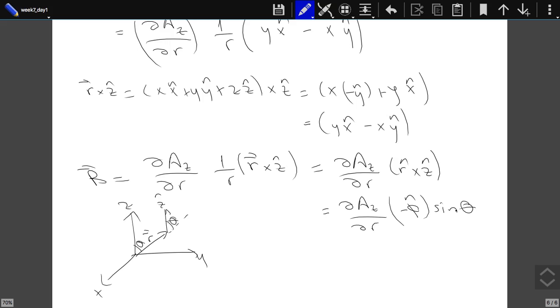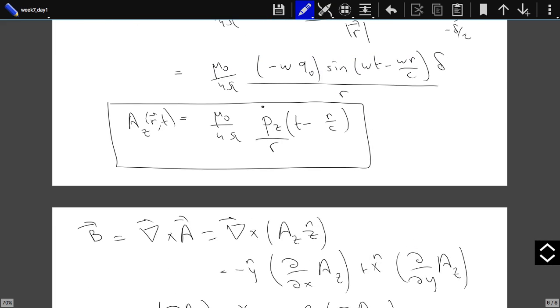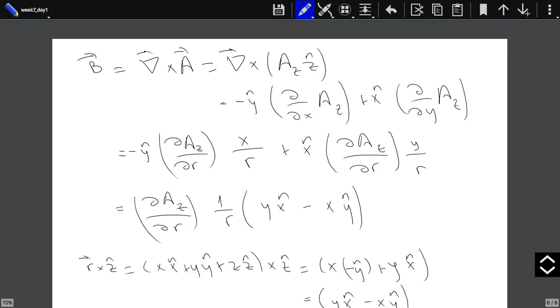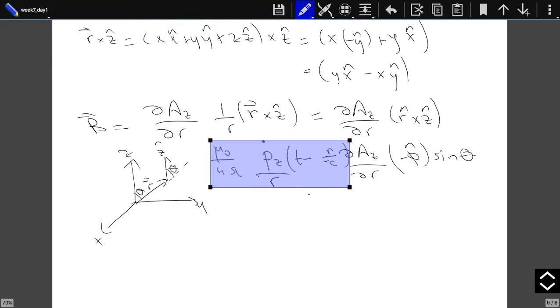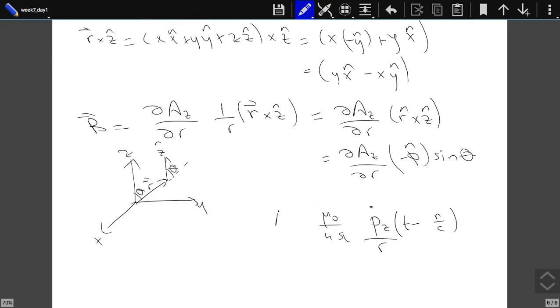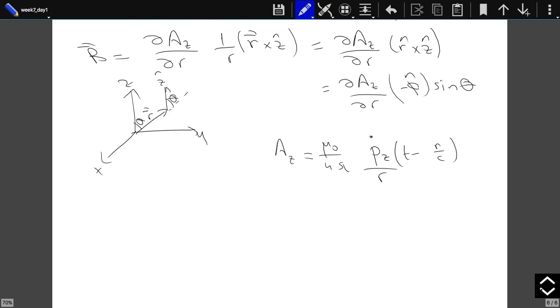Now let's take the derivative of Az with respect to r. Here is my Az. In the radiation zone, that is far away, I will be ignoring all terms that are proportional to 1 over r squared.